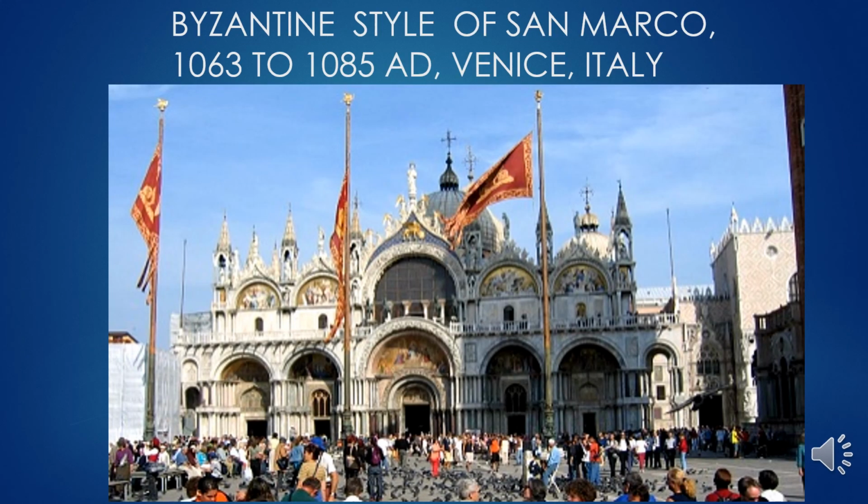Here we see one of the most ornate Byzantine churches in Europe, St. Mark's Cathedral in Venice, or San Marco, and it's known for its beautiful Byzantine interior. But it's located on the famous Piazza San Marco, right off Venice's Grand Canal, and it's a Basilica church that started in this location in 864 to hold the body of St. Mark.